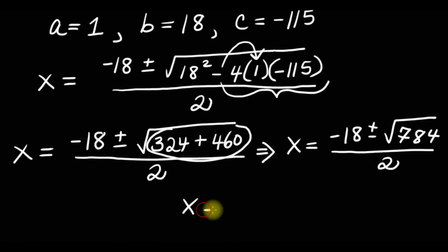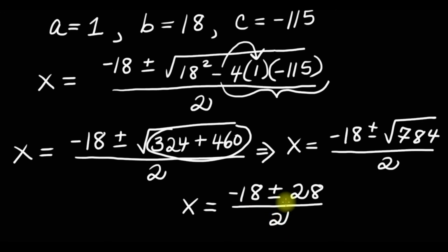Okay, let's keep on going. Here we have negative 18 plus or minus, and we've got to know what the square root of 784 is. The square root of 784 comes out to 28, because 28 times 28 is 784. And that all over 2.